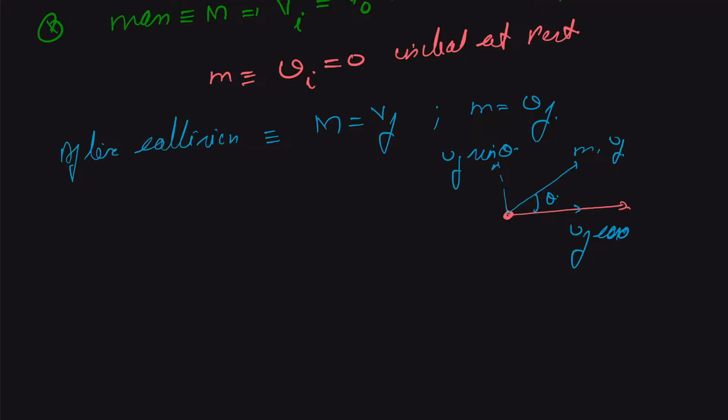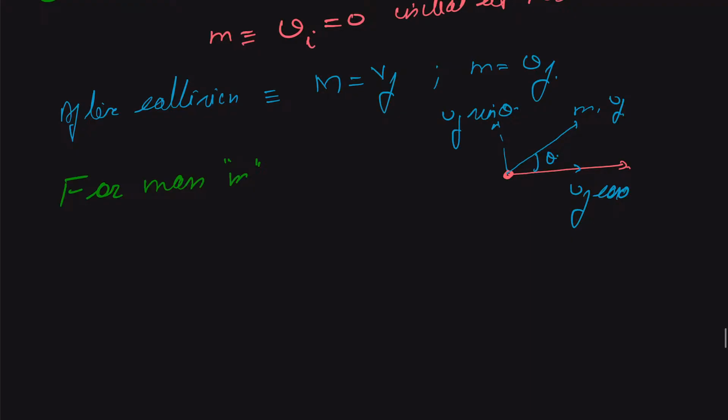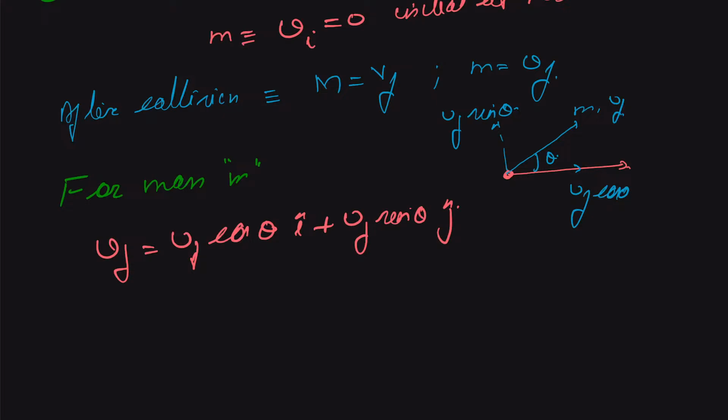Therefore for small mass m, we can write its final velocity, vf, will be equal to vf cos theta i unit vector plus vf sine theta j unit vector. And now we are going to use conservation of momentum.